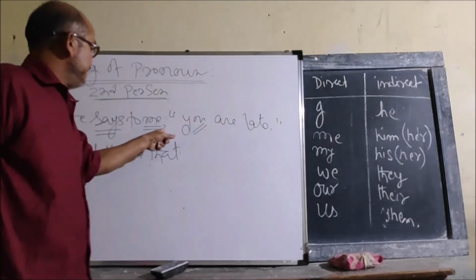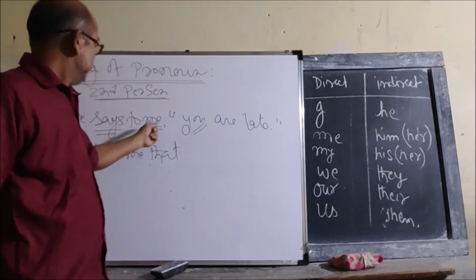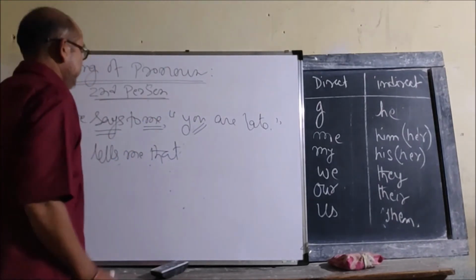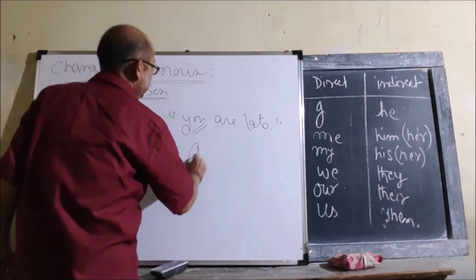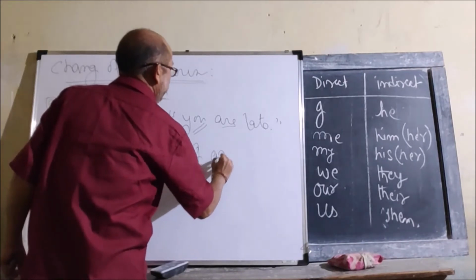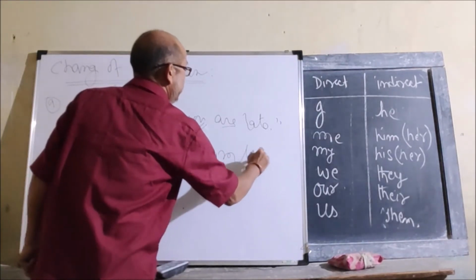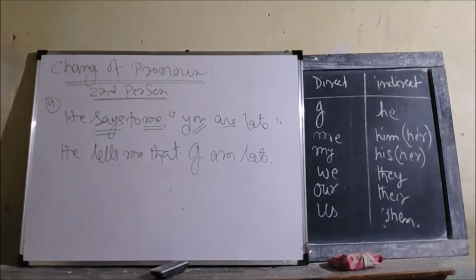Second person pronoun always indicates the object of the reporting verb. So here the subject is "I", and instead of "are" it will be "am". I am late. So "he says to me, you are late" means "he tells me that I am late."